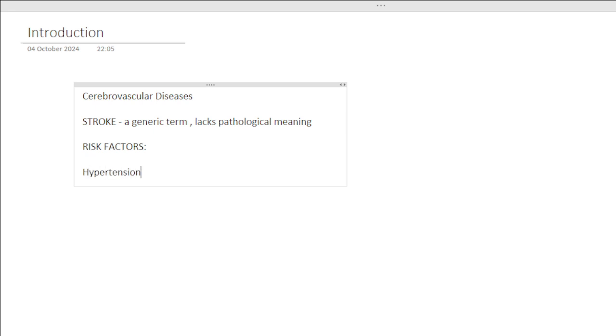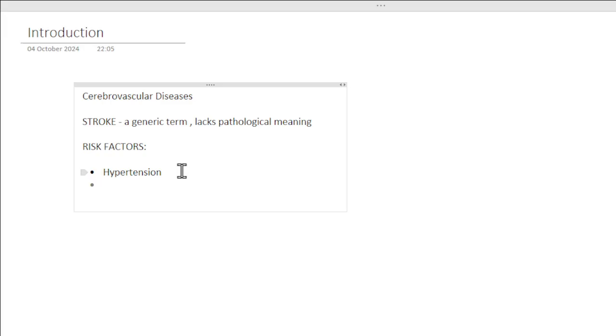Hypertension. Then let us have bullet points here, that will be very good to understand that. So hypertension is the major cause.